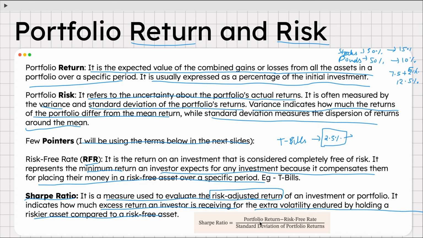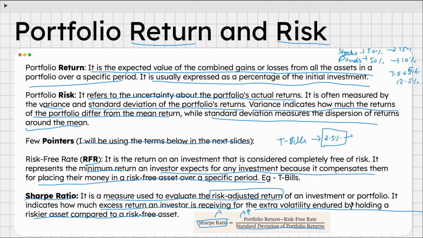What we are trying to convey is that, first of all, the higher the Sharpe ratio, the better it is. Whatever risk you're taking, standard deviation is the risk, so if you're taking more risk, you should be getting more return. Basically, the Sharpe ratio tells us the risk-adjusted return of your investment.